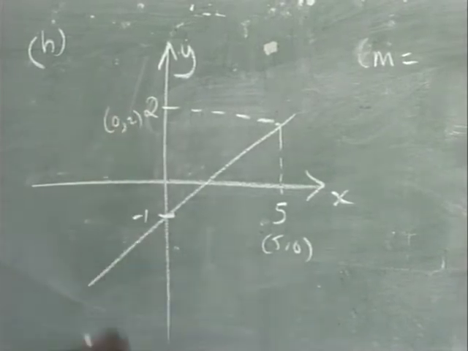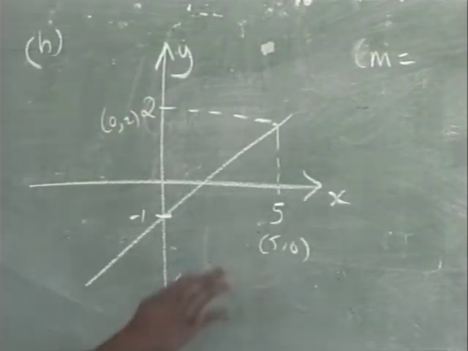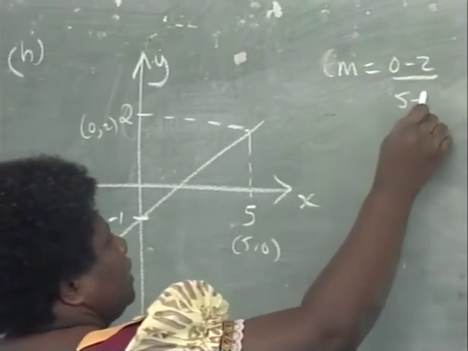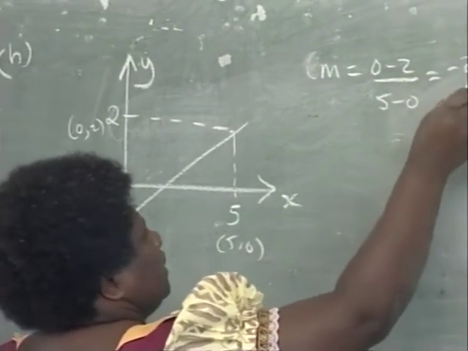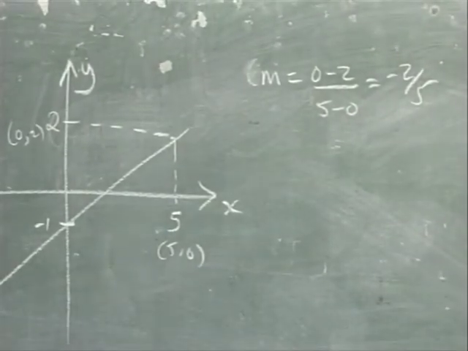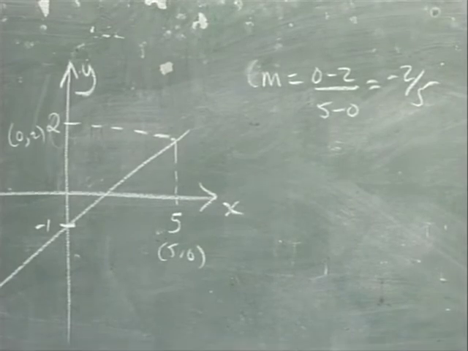There are 3 points. This one is 0, negative 1. But if I use those 2 points, I will get 0 minus 2 over 5 minus 0. Is the gradient negative 2 on 5? For letter H. Check letter H, please.